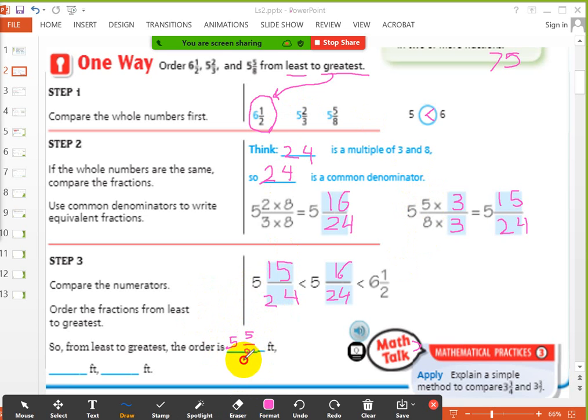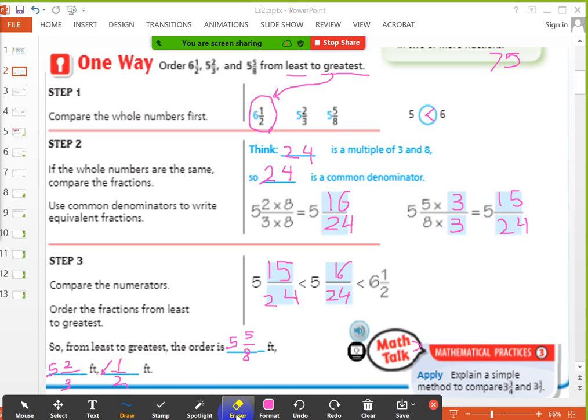And after that, the next greater number is 5 and 2 over 3, because 16 over 24 is 5 and 2 over 3. And the greatest one is what? 6 and 1 over 8.